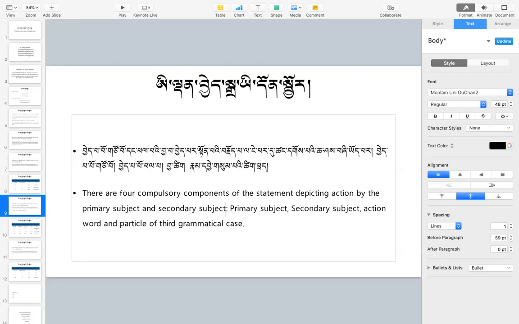So these are the factors which define this particular type of statement.